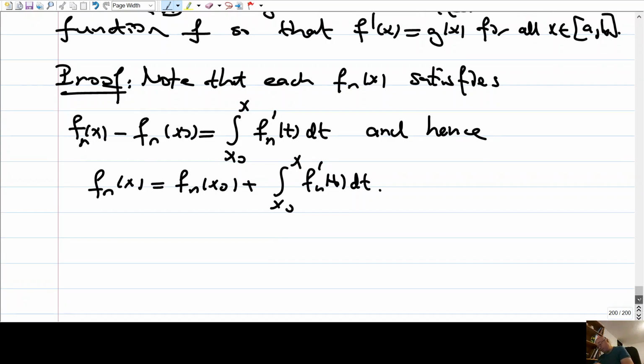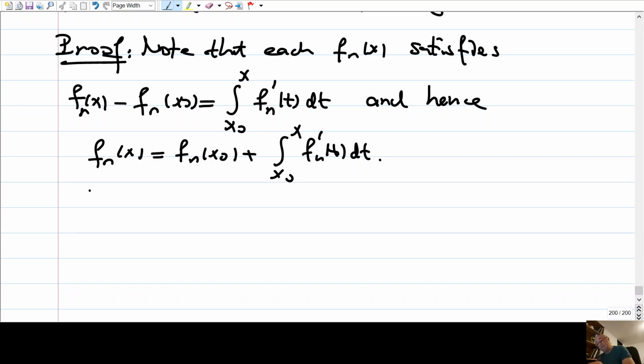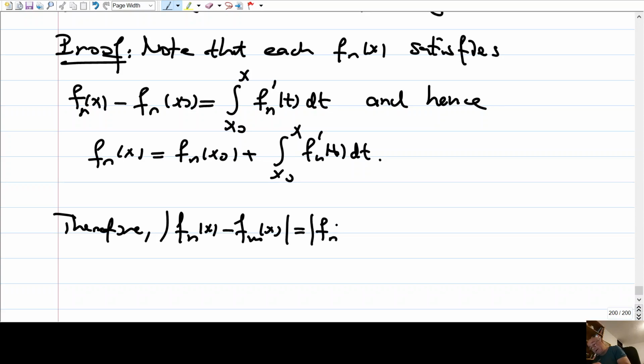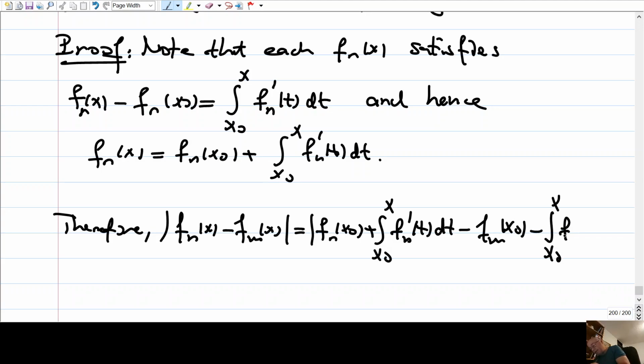Therefore, the distance between Fn of x and Fm of x is what? So I have Fn of x0 plus the integral from x0 to x of Fn prime t dt, minus Fm of x0 minus the integral from x0 to x of Fm prime t dt.